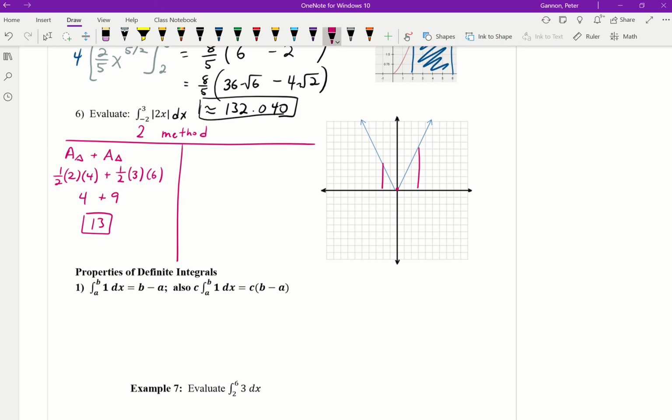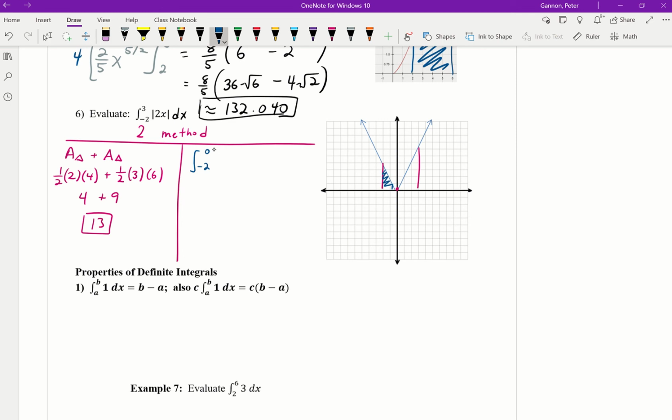All right. Now, if we're going to take the integral by hand, what we're going to have to do is split it up into two integrals. To do that, we're going to have the integral from negative 2 to 0. Now, we're not going to use the absolute value function. To the left of that sharp turn, you basically have a line with a negative slope.